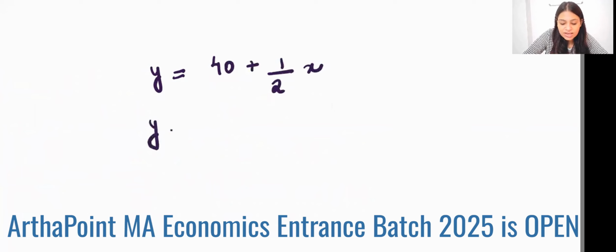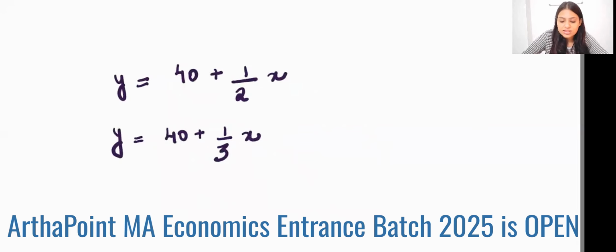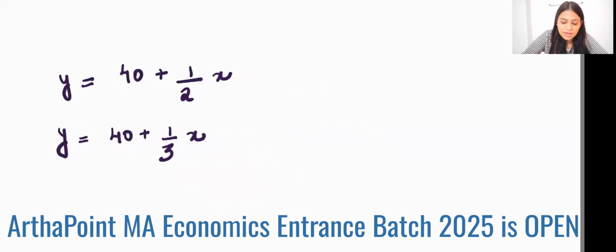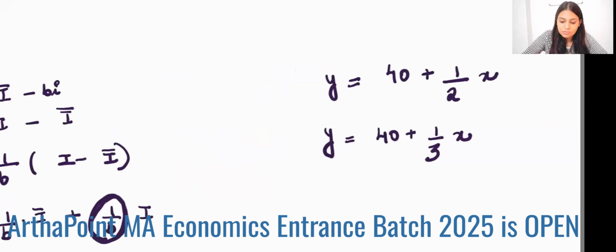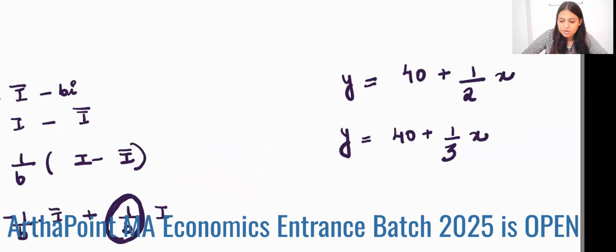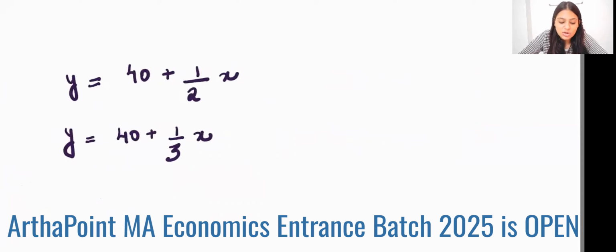And I tell you y is equal to 40 plus 1 by 3 x. In this case, just understand that my b is actually in the denominator only, right? So suppose I tell you y is equal to 40 plus 1 by 2 x, y is equal to 40 plus 1 by 3 x, and I ask you to plot this.